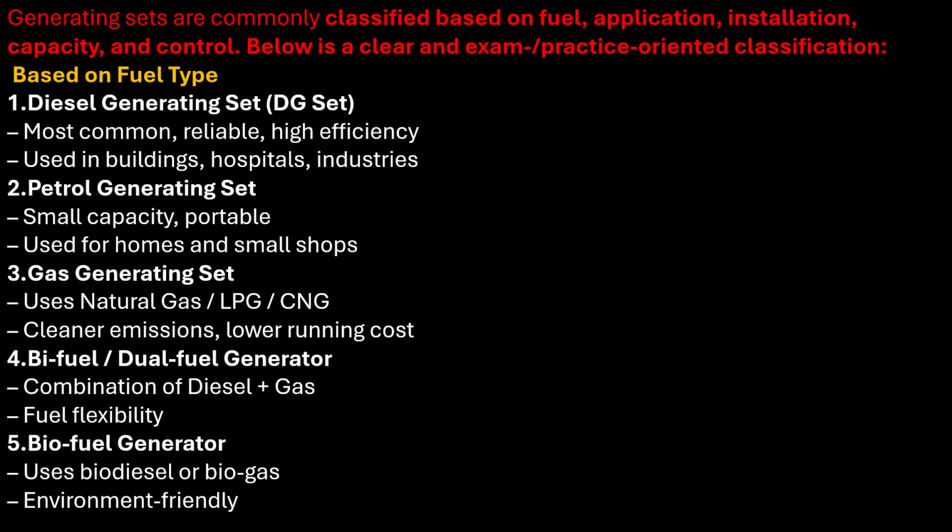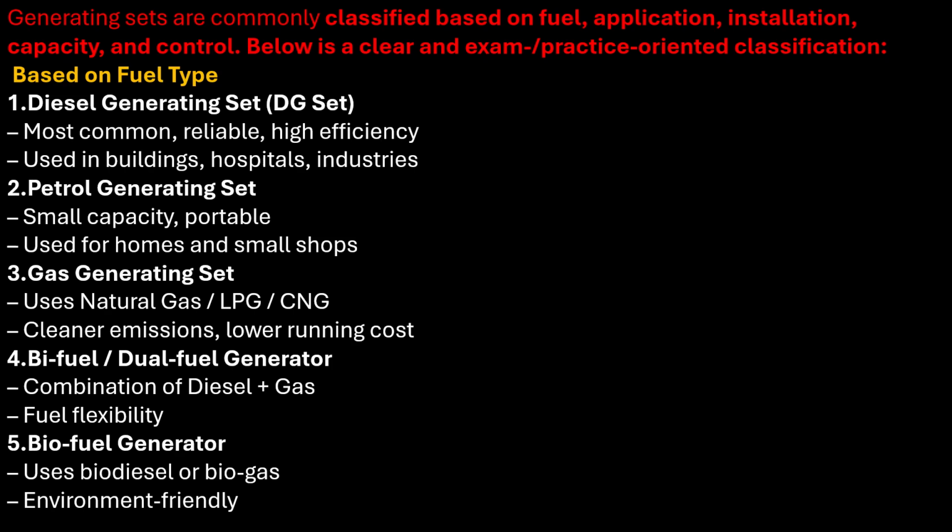Generating sets are commonly classified based on fuel, application, installation, capacity, and control. Below is a clear classification. We'll work on it based on fuel type. There can be diesel generating sets.